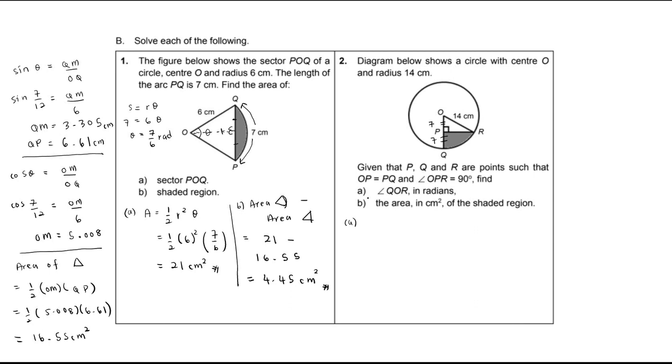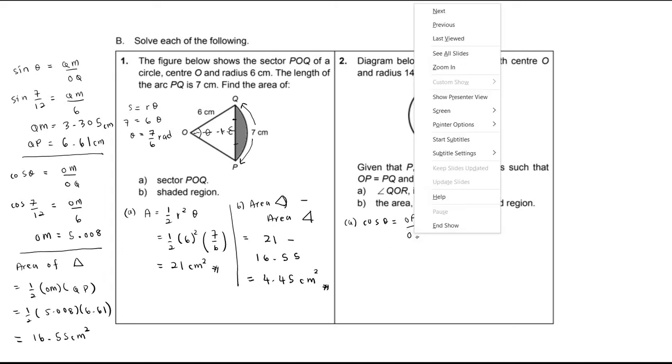We can use cos theta. Okay, cos theta, this theta equals the length of OP over the length of OR.